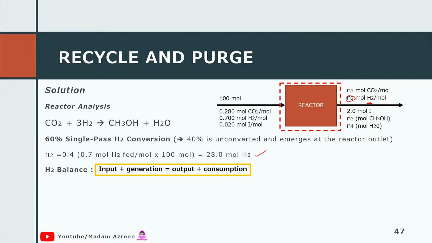Okay, and then you need to perform a hydrogen balance. And remember here, it is at a reactor, there is a reaction. So you need to have a complete equation of material balance, which is input plus generation equal to output plus consumption.